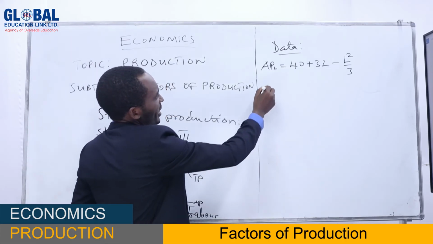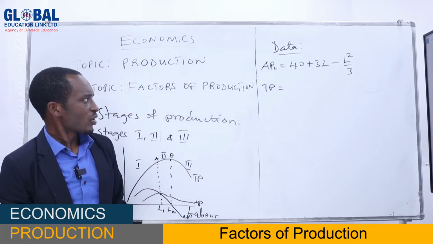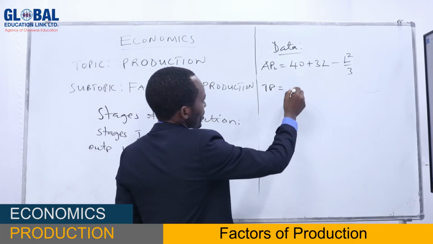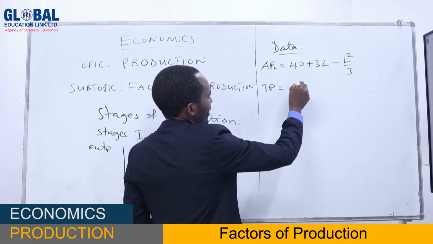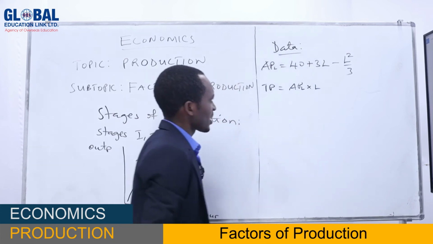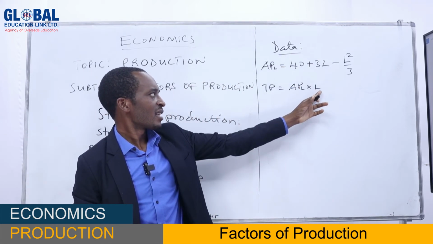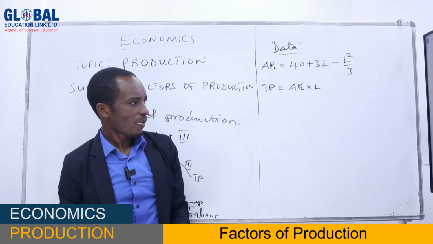Now here we can find the total product. We know that total product is the same as the average product of labor times the number of labor. So when you take the average product times labor, you get the total product.